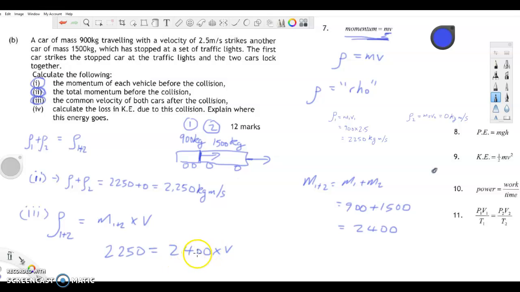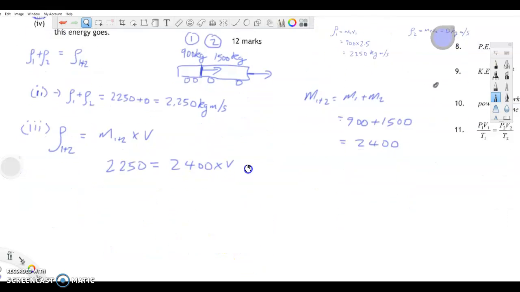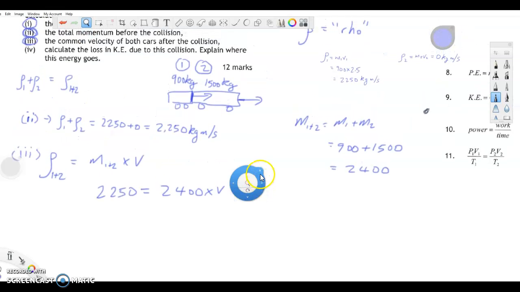To get V, we divide both sides by 2400. So we get 2250 divided by 2400 equals V. You can see that's going to be less than 1.